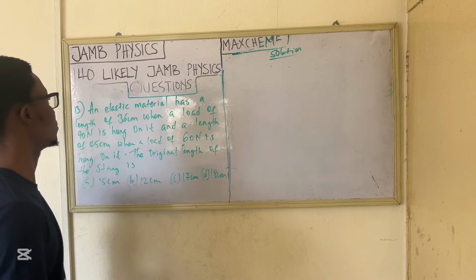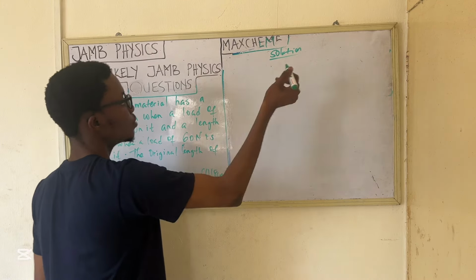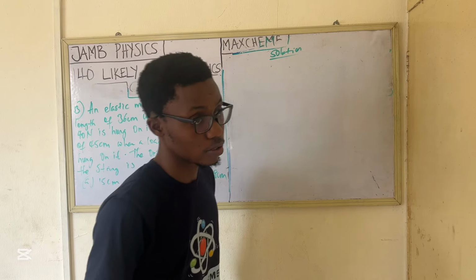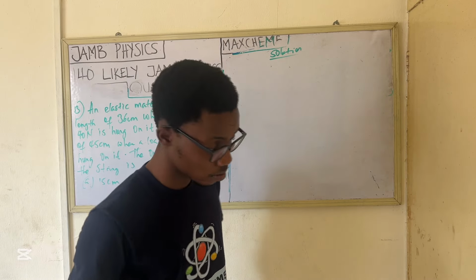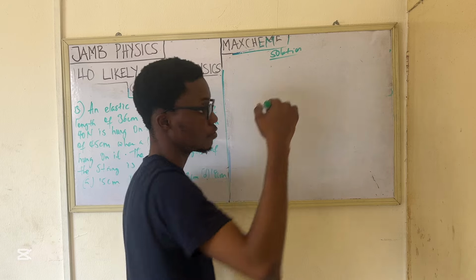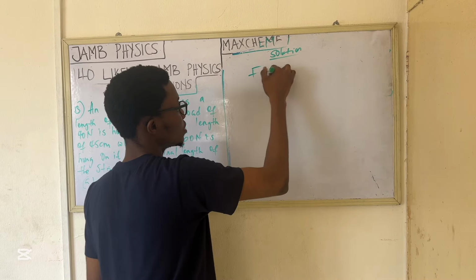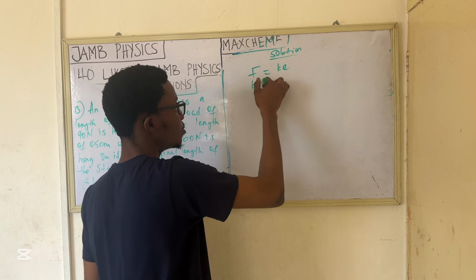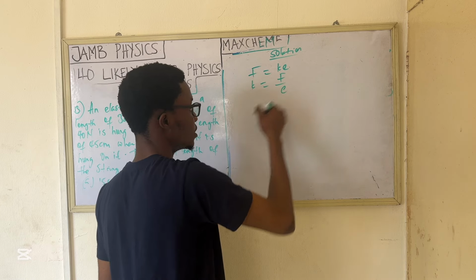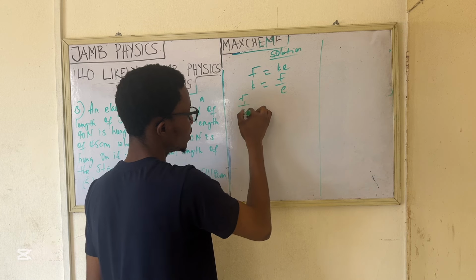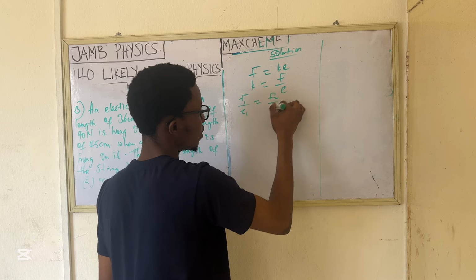Now if you want to solve this, when it comes to extension and elasticity, we have Hooke's law. It states that force is directly proportional to extension. That means F equals KE. Then from there we know our elastic constant is equal to F over E. So in this case you can say F1 over E1 equals F2 over E2.